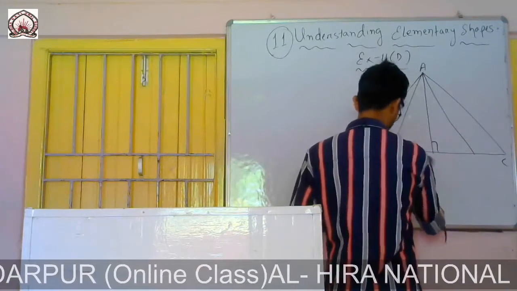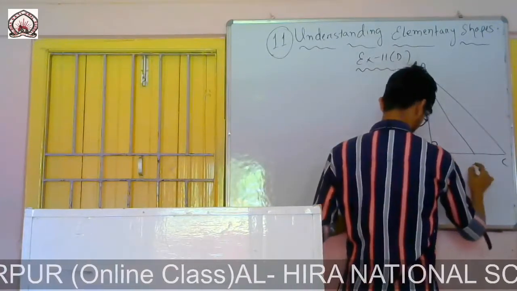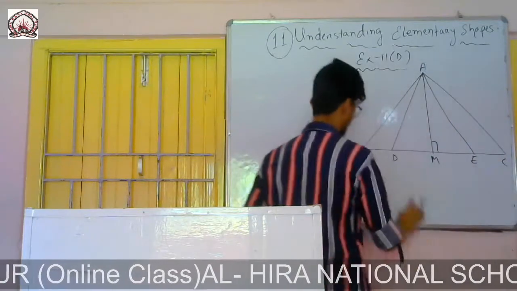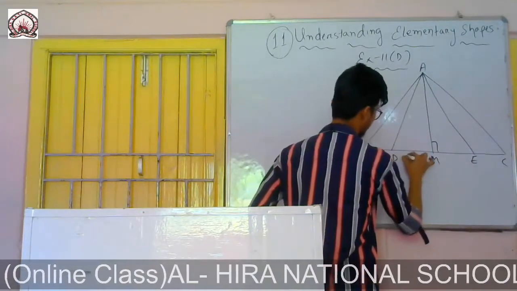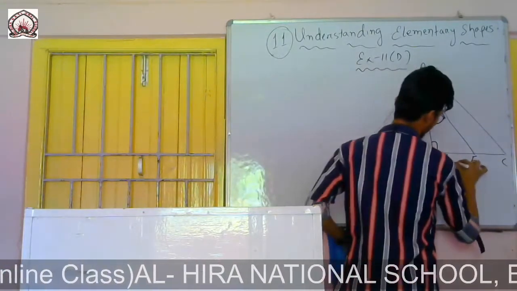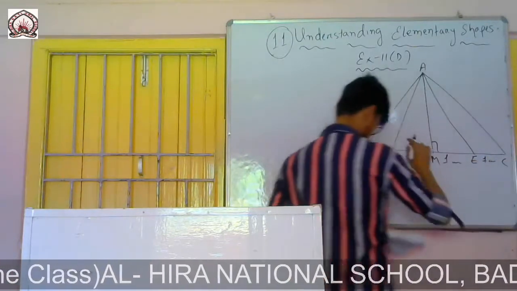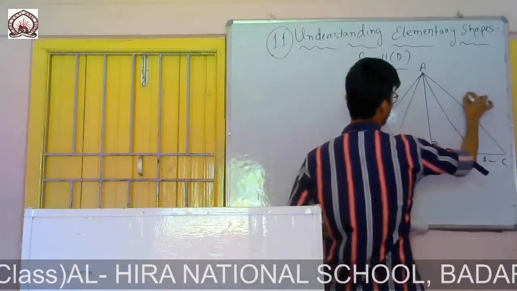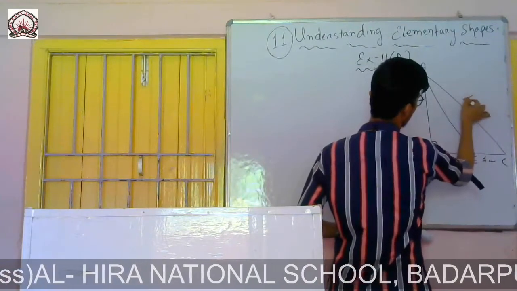BD, DE and so on, and each difference is given as 1 centimeter. And this side is 4 centimeter, and this side also 4 centimeter.